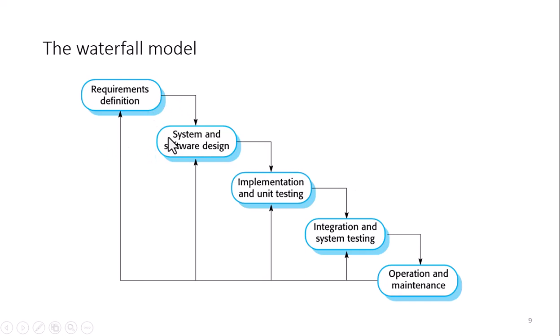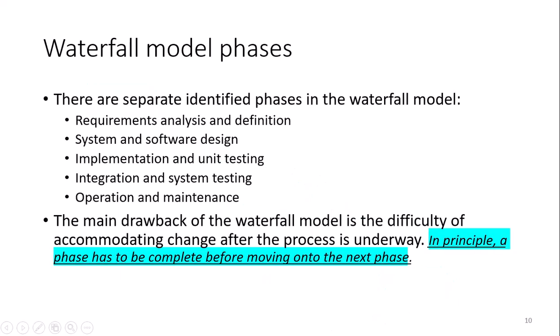Why is it called waterfall? Because we come to this stage, and after finalizing this phase we come to the next phase, and so on. There are separate identified phases in the waterfall model: requirement analysis and definition, system and software design, implementation and unit testing, integration and system testing, operation and maintenance.